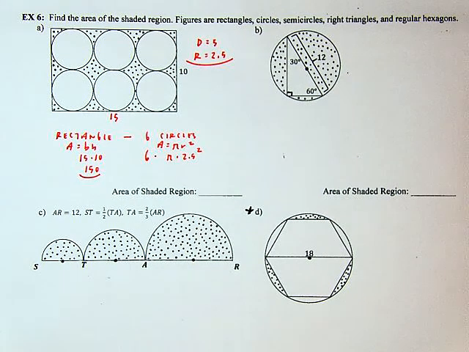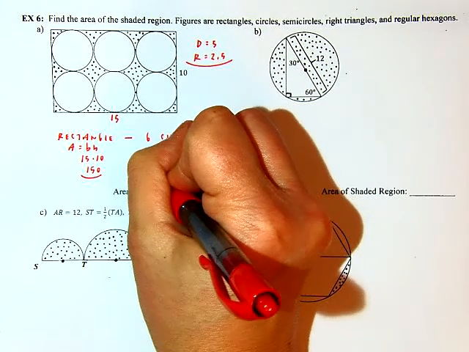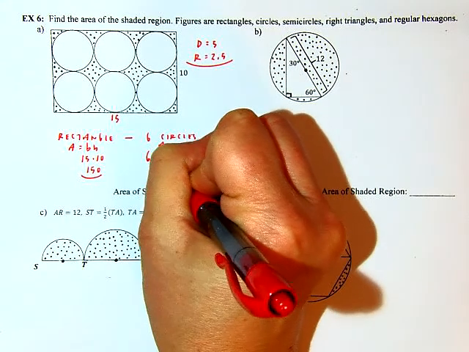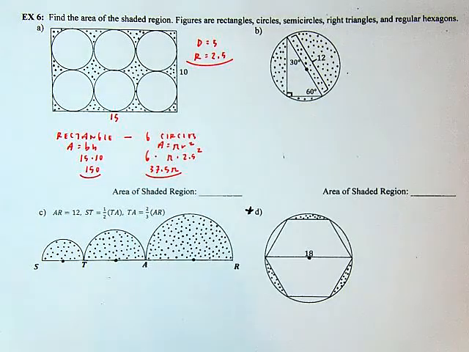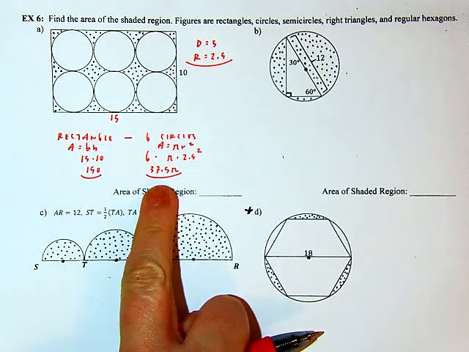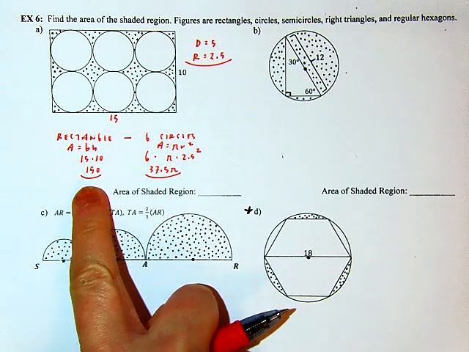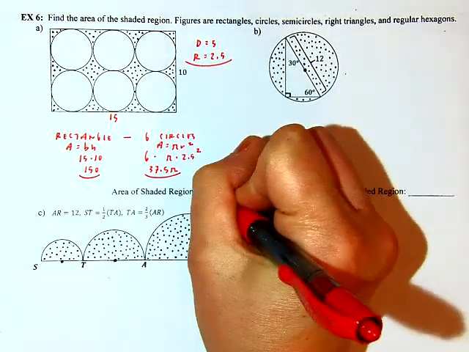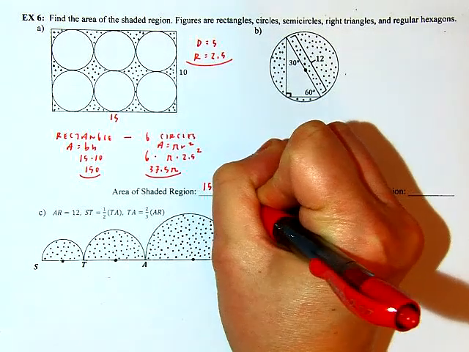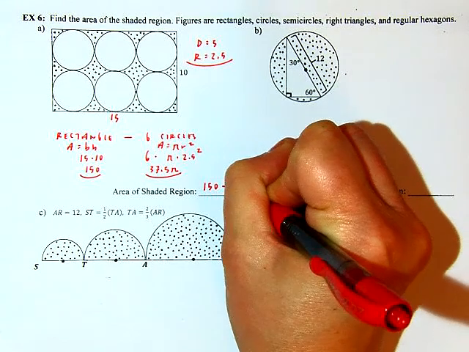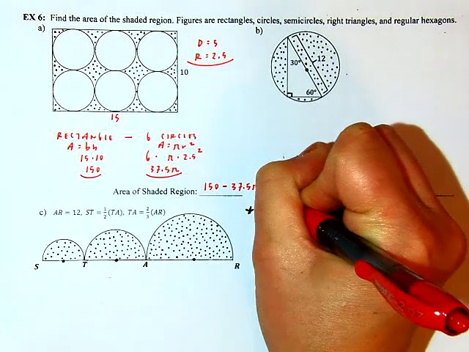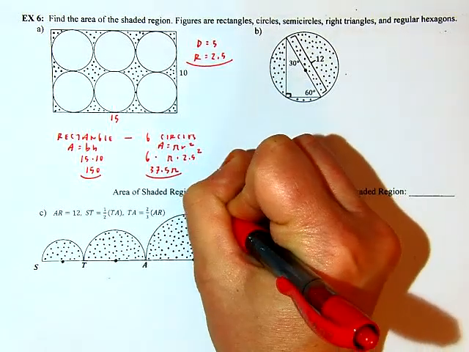That's going to get me 37.5. And then pi right there. So I need to subtract the 2. They're not like terms. This one does not have a pi, so I leave it as is. I have 150, that's my rectangle, but subtract away 37.5 pi. And then units are squared.